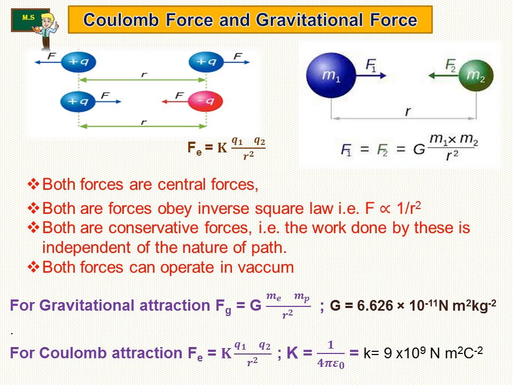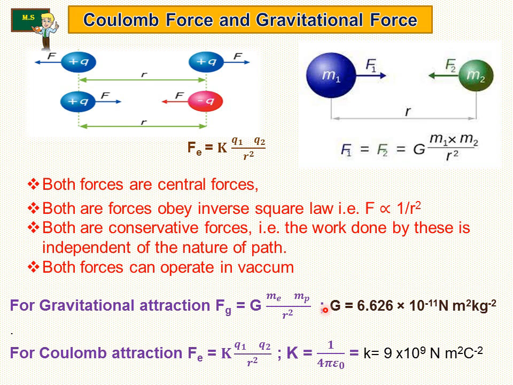The gravitational force of attraction has the formula Fg is equal to G into Me Mp, mass of electron, mass of proton, divided by R square.